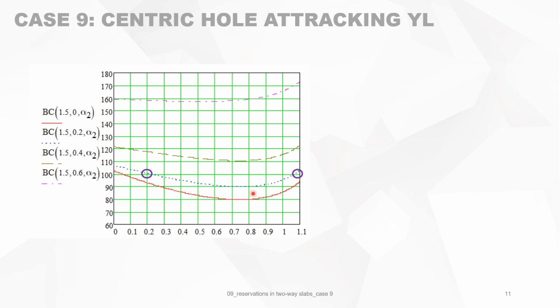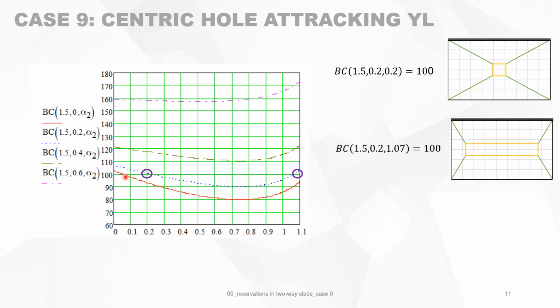We noticed directly that for 100%, so where the bearing capacity is not touched, between those two values for this reservation, a reservation of 0.2, you have a maximum or a minimum of bearing capacity, and outside you augment the bearing capacity. So those 2 points are interesting.